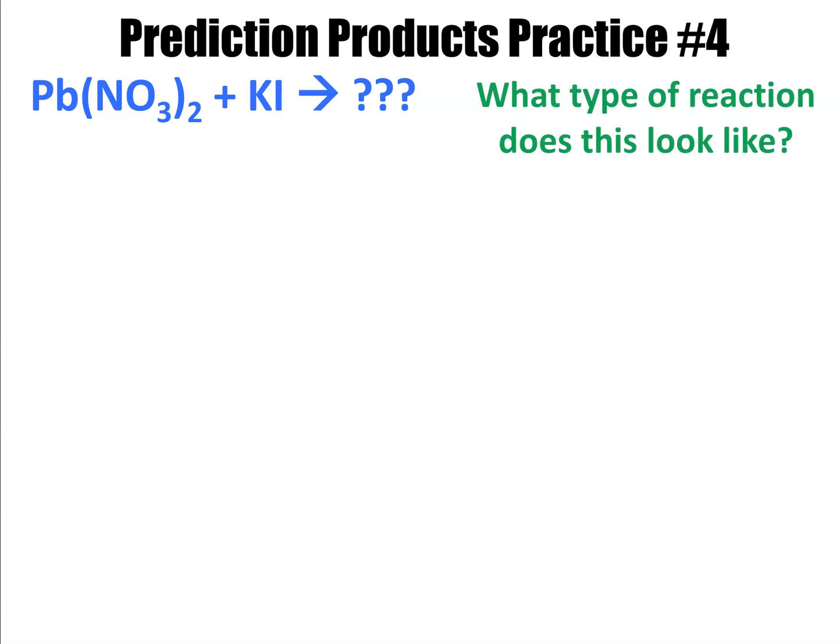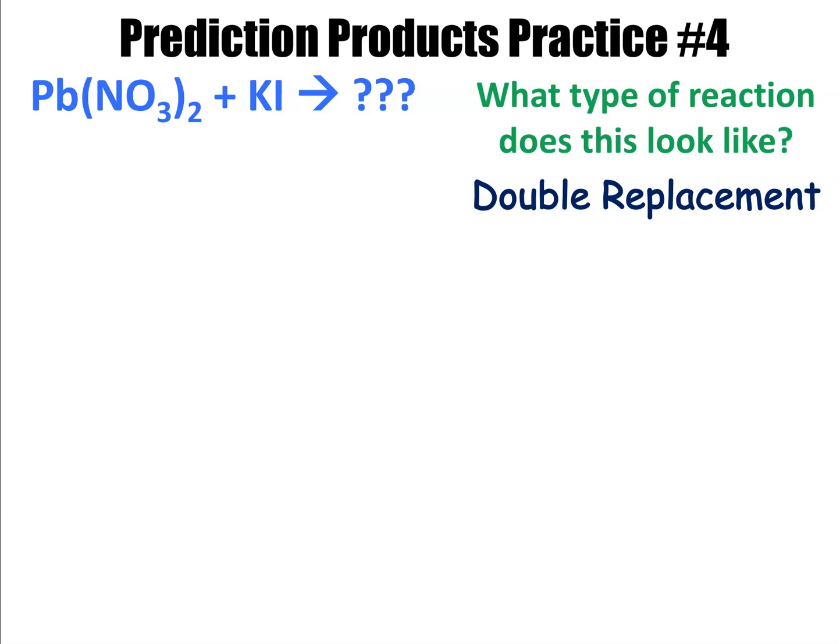Okay. All right, lead nitrate plus potassium iodide. Well, what type of reaction does this look like? Hopefully you came up with double replacement, and we know our double replacement, AX plus BY, gives you AY plus BX. So all of the ions are basically switching.